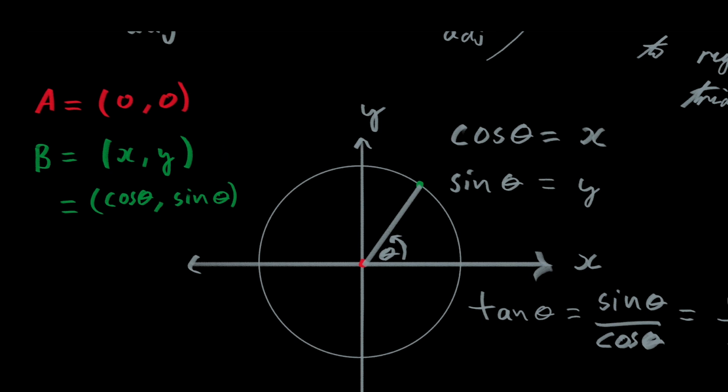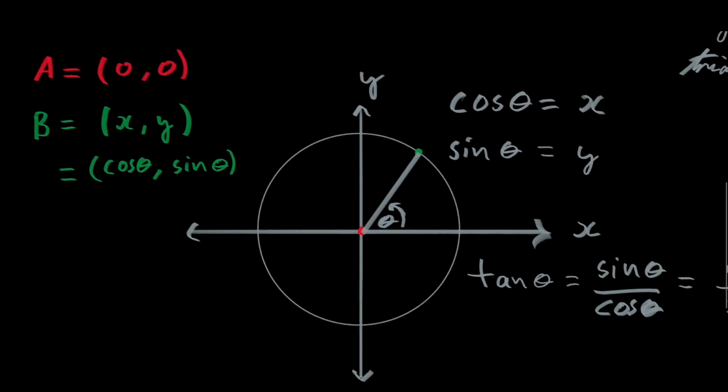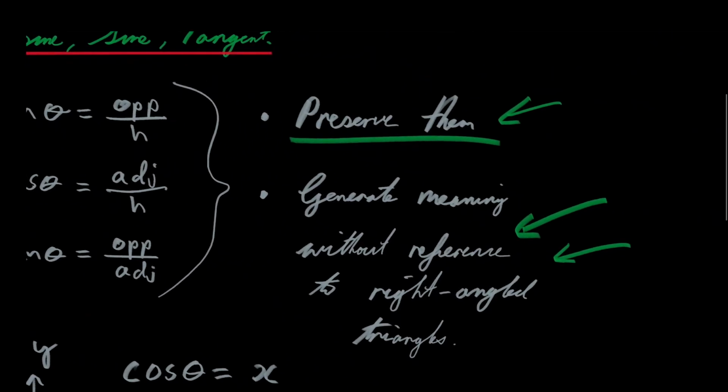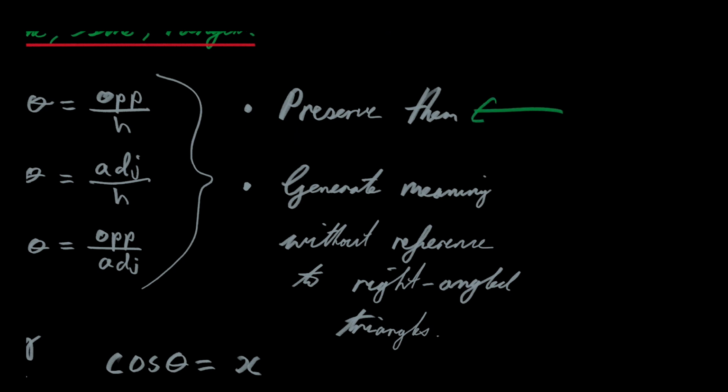From that, we defined the cosine of theta to be x, the sine of theta to be y, and the tangent of theta to be sine of theta over cosine of theta, which just boils down to y over x. So we have achieved a definition that does not make reference to right angle triangles, which means we can take its applications beyond right angle triangles. The connection to right angle triangles will be explained in the next video.